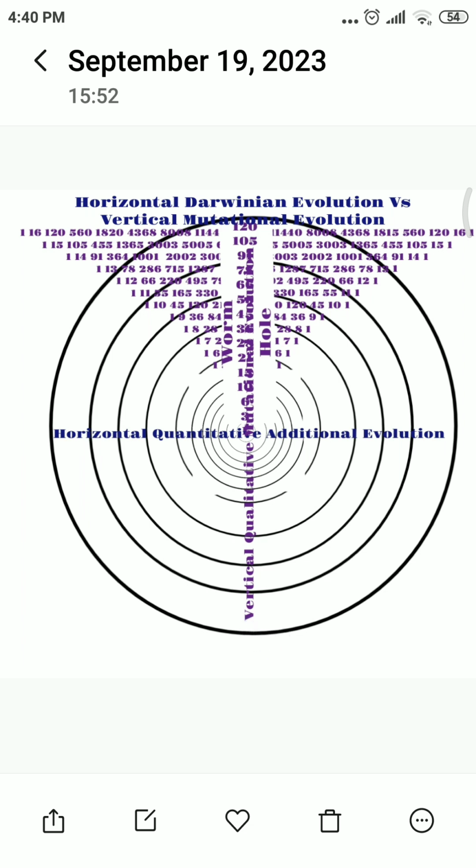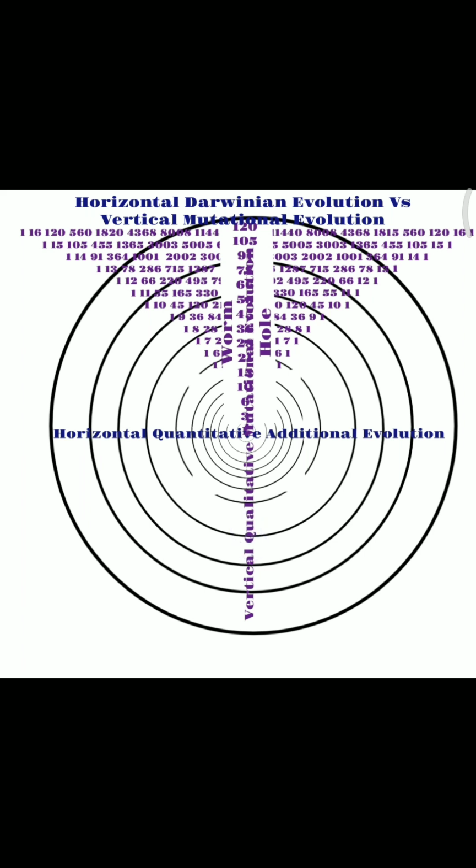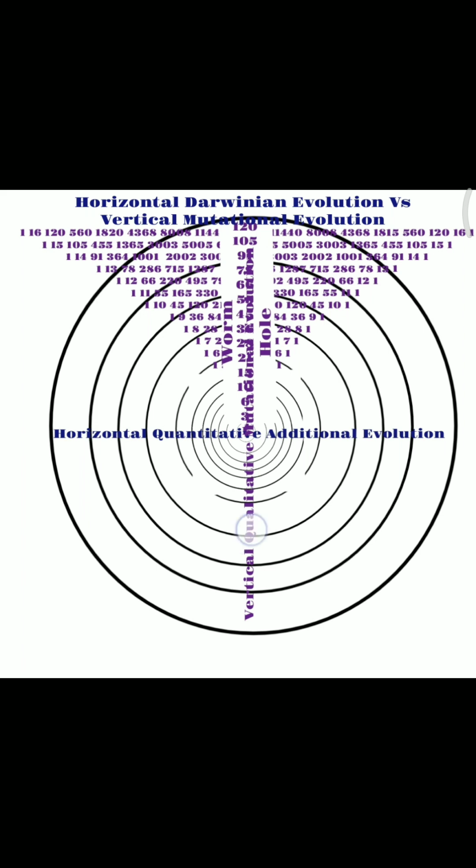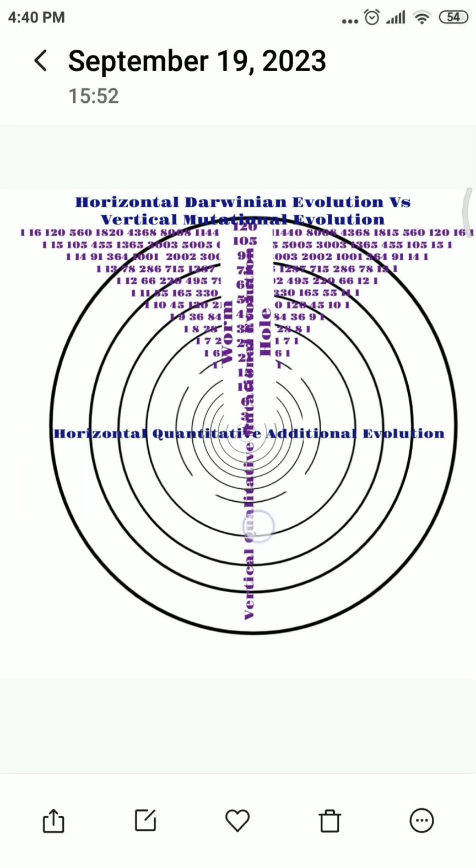So when it reaches here again, then it goes to, let's say, a lesser one. Let us take this one. Once it completes the circle, it completes the horizontal evolution. That is the most evolution it can achieve in this particular orbit.